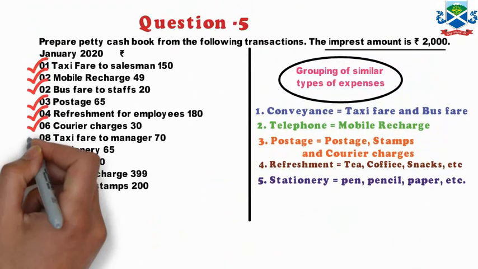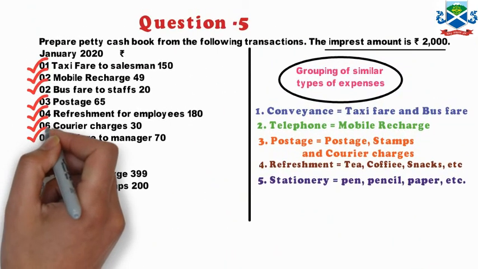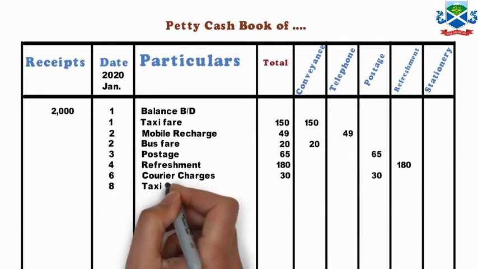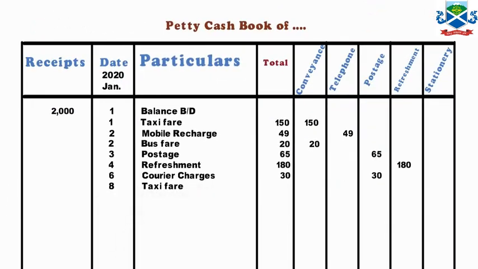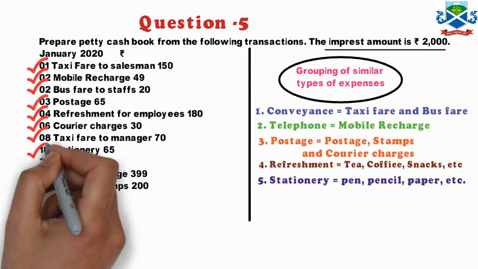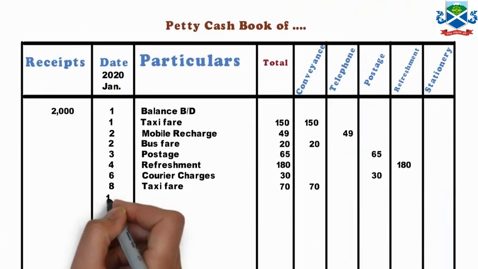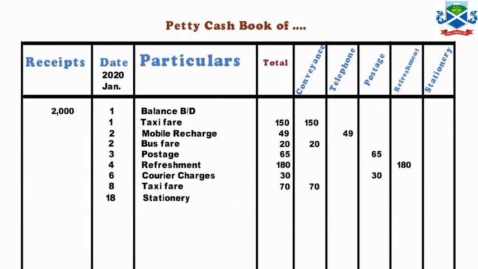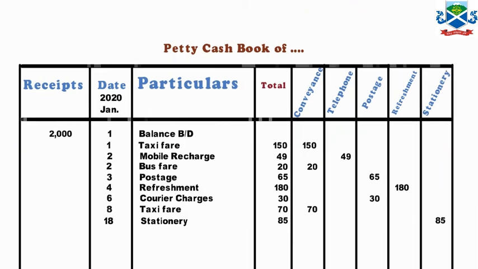Next, taxi fare to manager 70: 70 in the total column and 70 in the conveyance column. Stationery 65: 65 in the total column and 65 in the stationery column.